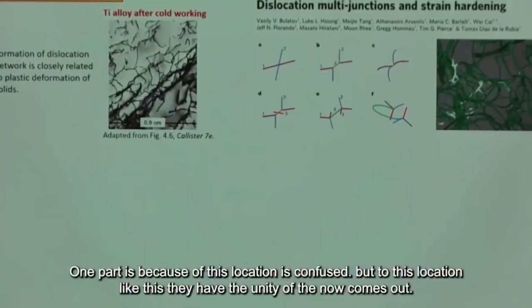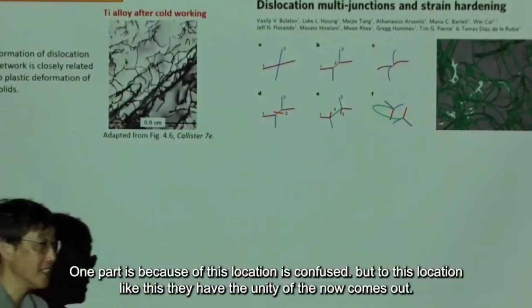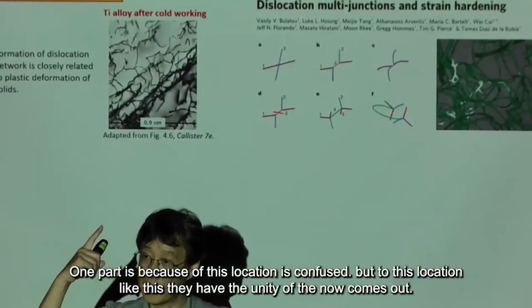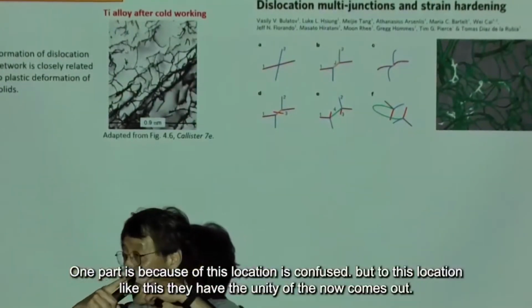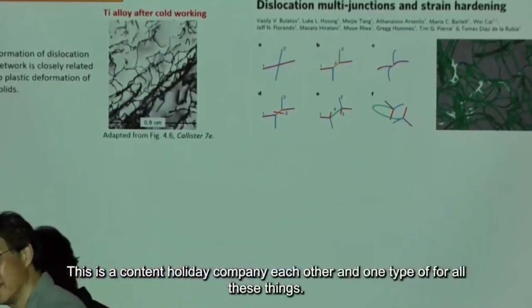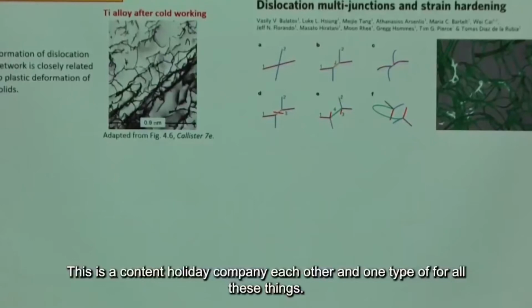One part is that because a dislocation is continuous, when two dislocation lines meet, you need to be really careful. It turns out this is still a very active research area in materials science: how two dislocation lines come through each other and what type of interaction structures happen. That is a rather intriguing project.